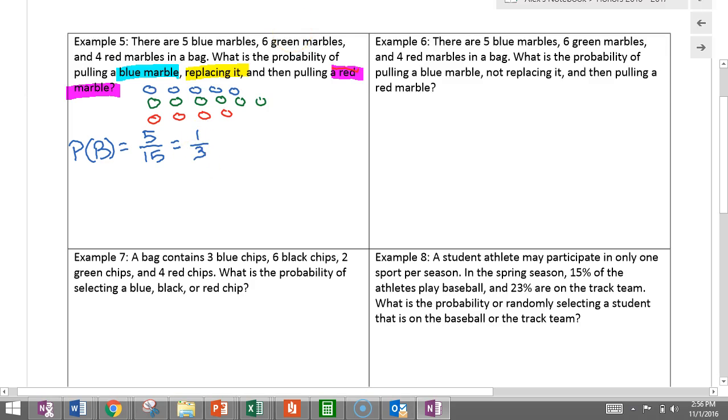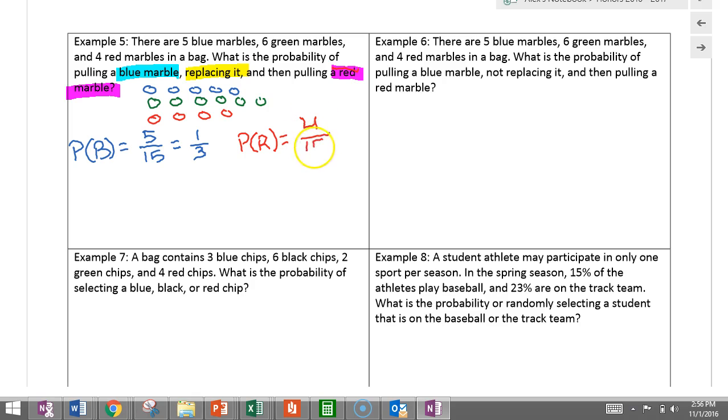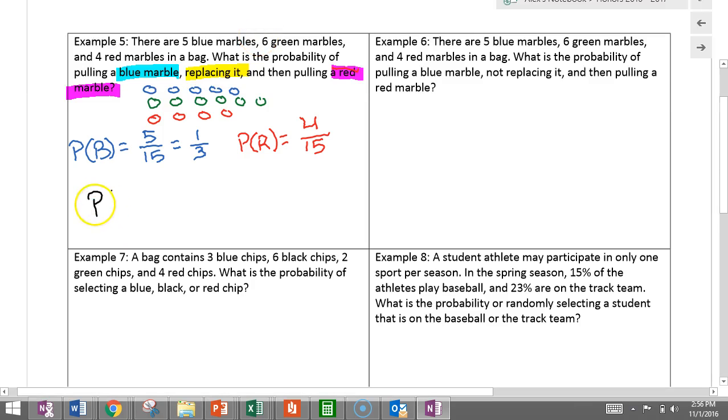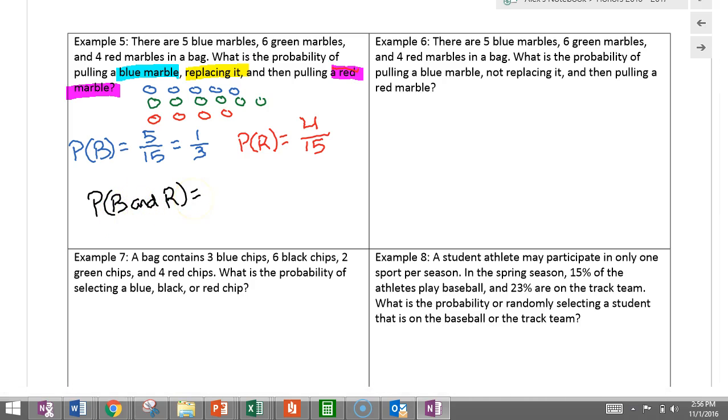Then the probability of a red marble, and I have 4 red marbles out of 15. The probability of both of those things happening is 1/3 times 4/15, which is, I believe, 4/45.